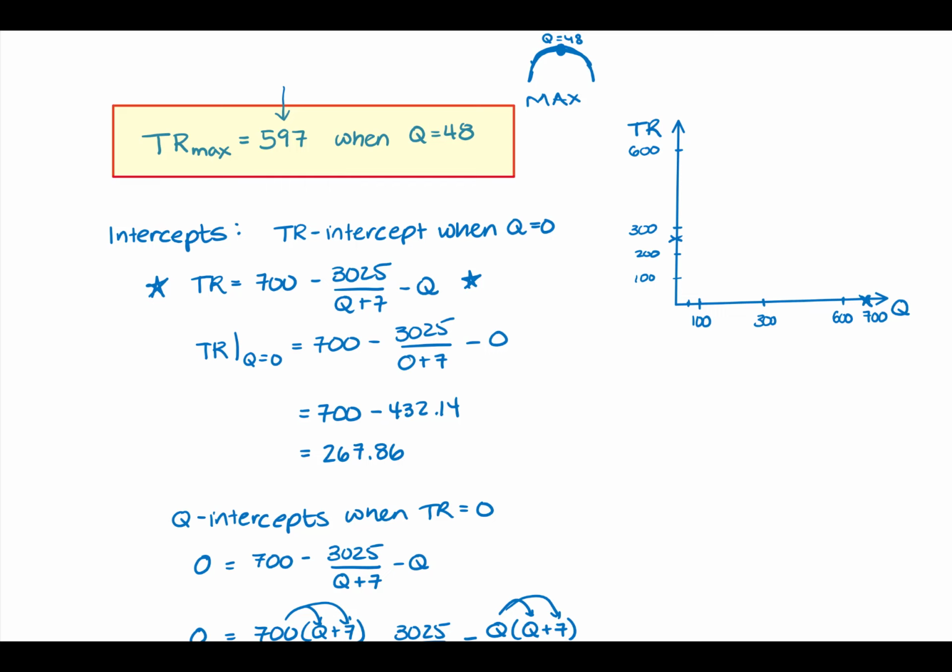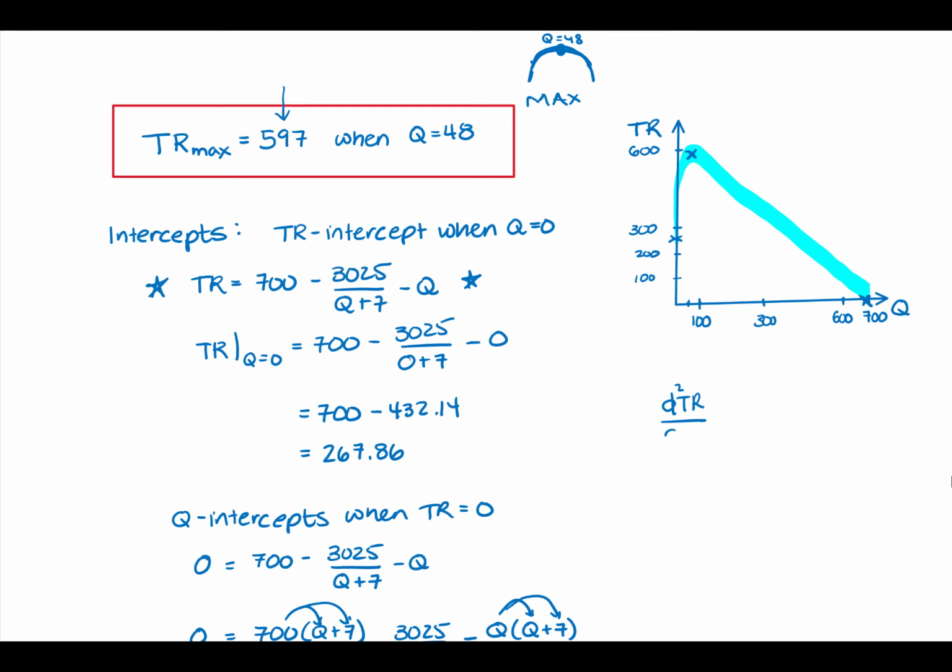My maximum is right around 48, and my TR max is close to the 600 over here. Just doing a rough sketch. Now this is a tough line to draw right now, and it's partly because of my scale, I'm guessing. We see something like this: a very sharp increase at first, and then it might drop. Let's confirm that this is indeed the shape everywhere.